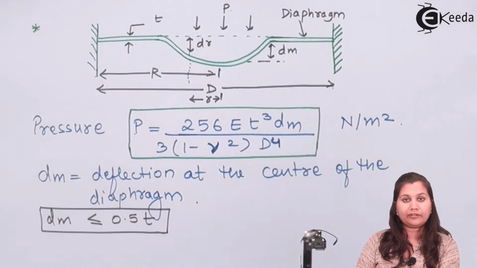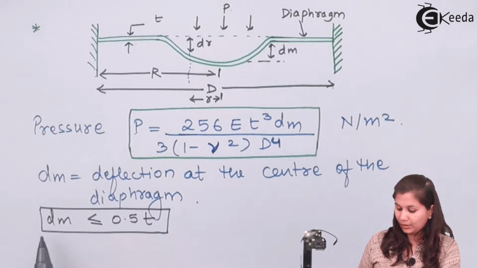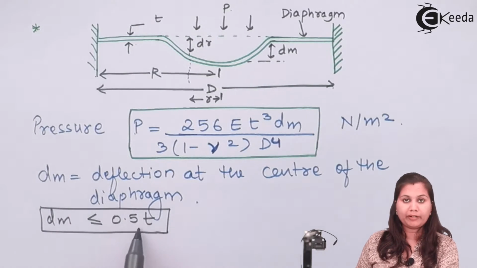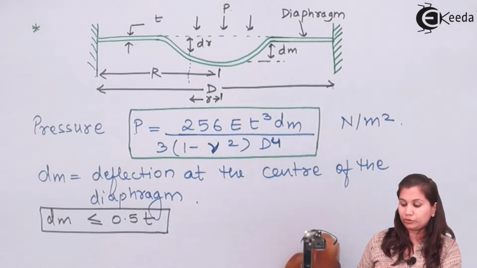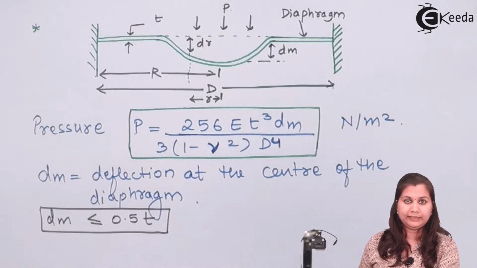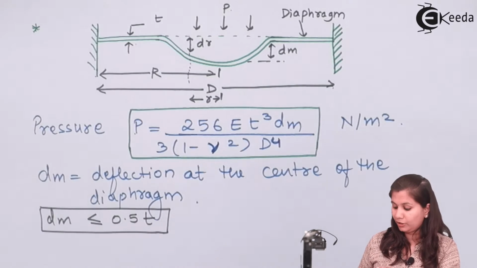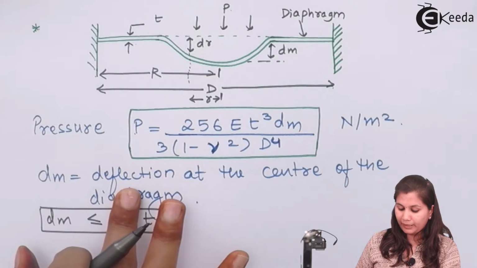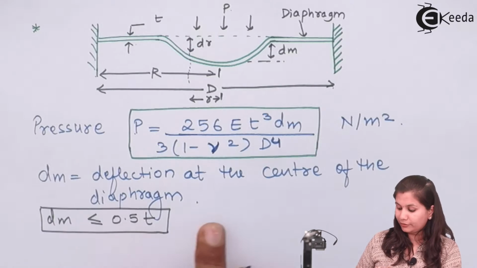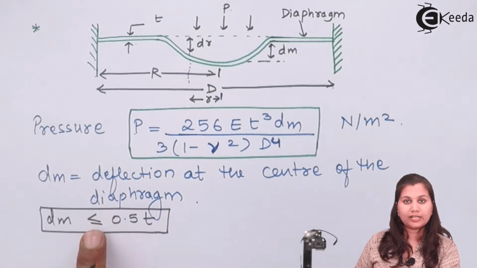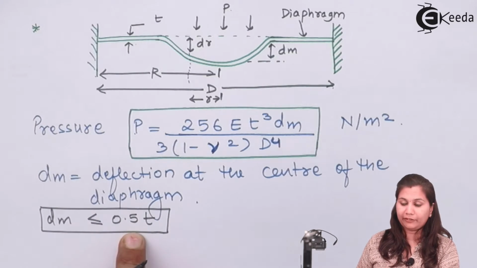And this linear relationship holds as long as the deflection is less than or equal to 0.5 t. If the deflection is greater than this value, the relationship will not be linear, it will become non-linear. So the linear relationship is going to hold as long as the deflection at the center of the diaphragm is in the range less than or equal to 0.5 t.